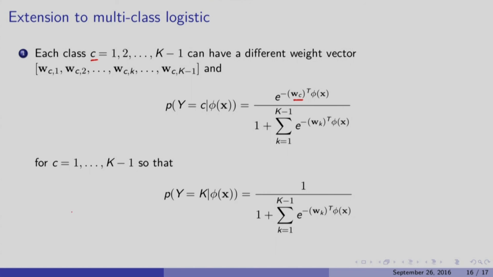So for k equals 2 we get what we already discussed. So the probability of the second class is 1 upon the summation, and the probability for class 1, which we called class 0 so far, is e raised to minus W transpose phi x divided by this same denominator.